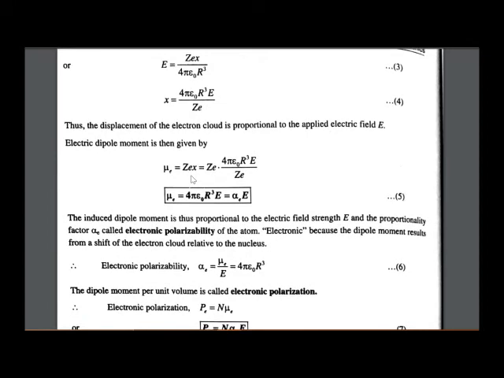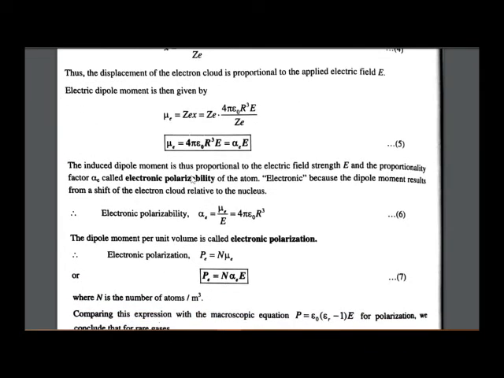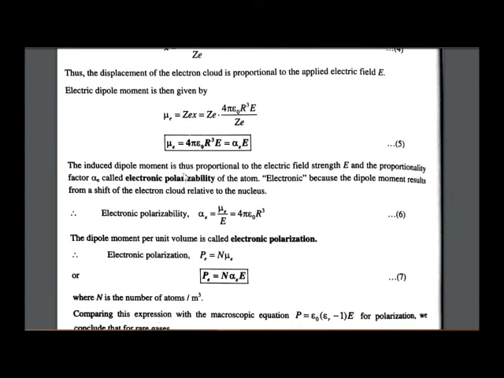Therefore, x, the displacement of the nucleus, is equal to 4 pi epsilon naught R cube E divided by Z e. Thus, the displacement of the electron cloud is proportional to the applied electric field E. That is from the above equation, x is proportional to E.